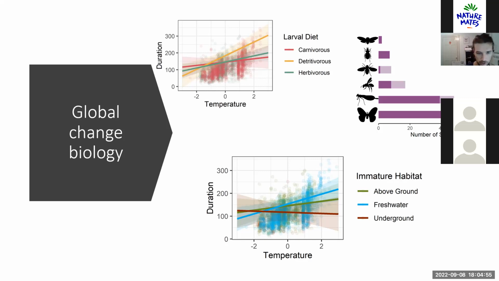And we found that species with immature habitat in freshwater, such as dragonflies and damselflies and some beetles, had longer durations in warmer areas.